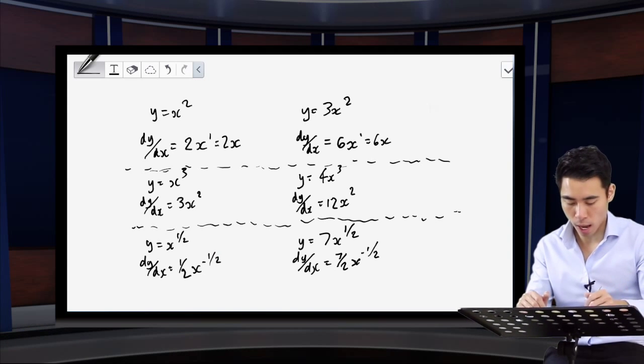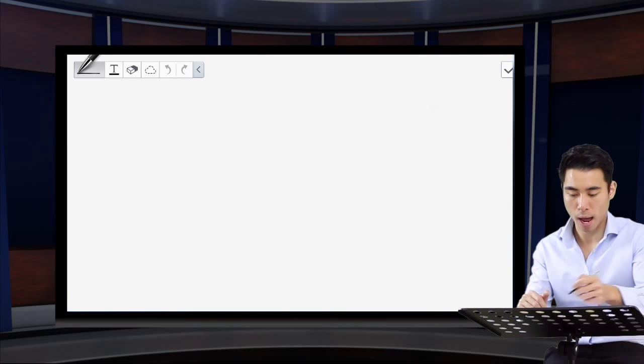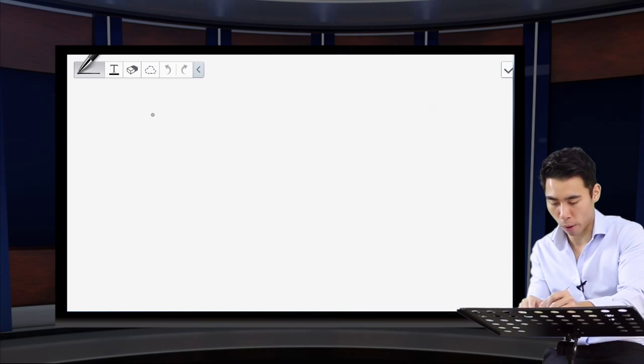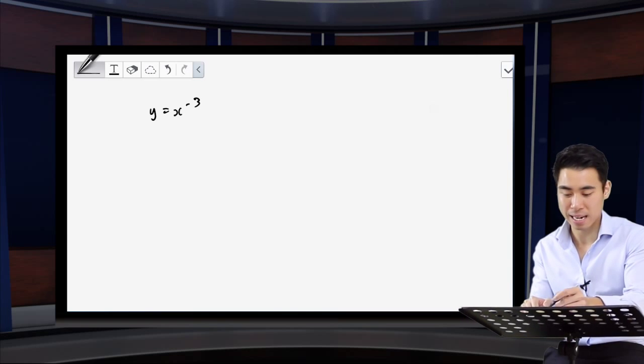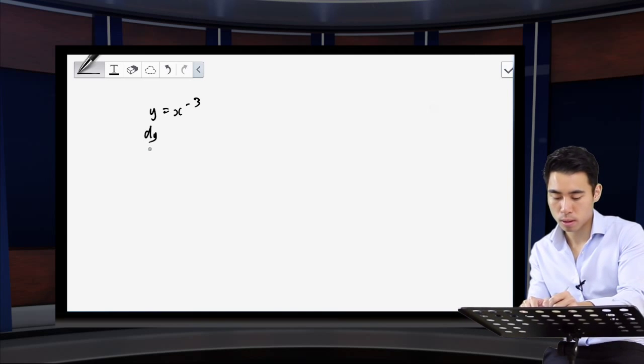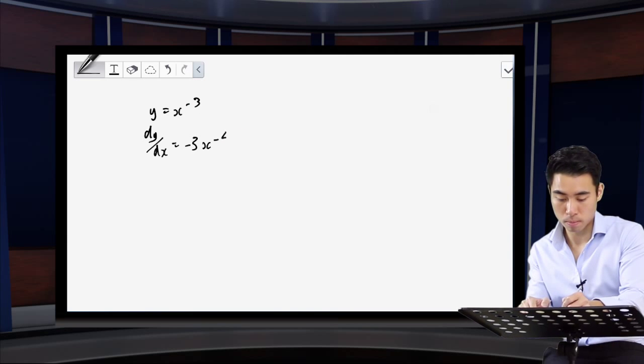Let's take a look at a few more. So we're going to look at negative powers now, but by now you should see that your rules are going to be exactly the same. Your steps are repeatable. So first I bring this power to the front, minus 3x, decreasing this power by 1, minus 3 minus 1 gives me minus 4.